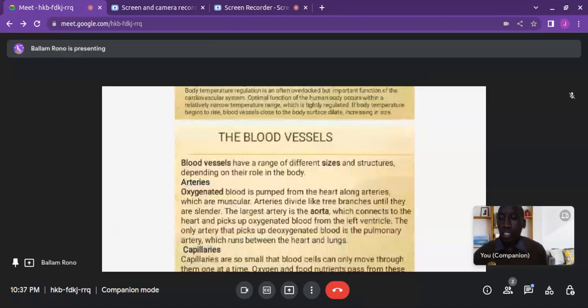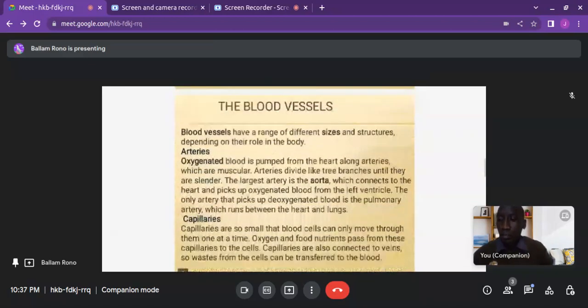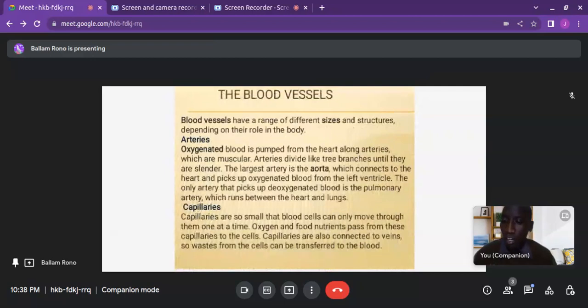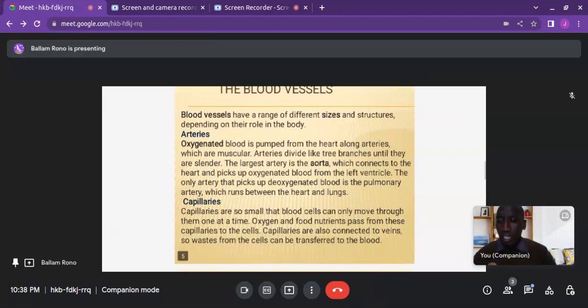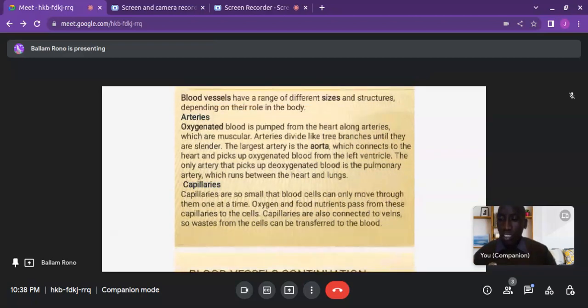Then we are going to look at blood vessels. Blood vessels have a range of different sizes and structure depending on their role in the body. Like the arteries, which carry oxygenated blood pumped from the heart; arteries are muscular, which enables them to pump the blood.